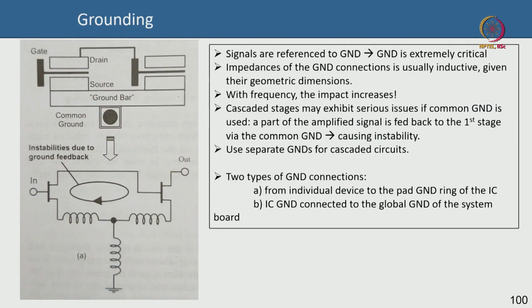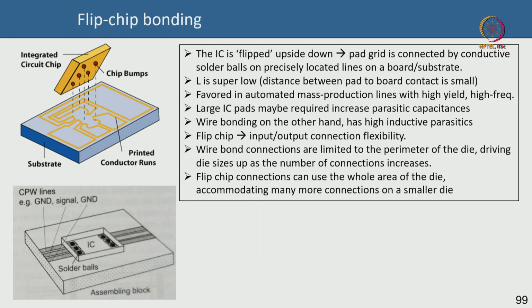The final couple of things is flip chip bonding. Flip chip bonding is a very interesting concept where you flip the RFIC upside down. You have something called indium bumps or some kind of metallic bumps which are precisely aligned to the circuit below, the board where you are going to put them, and you flip it upside down and put it there.